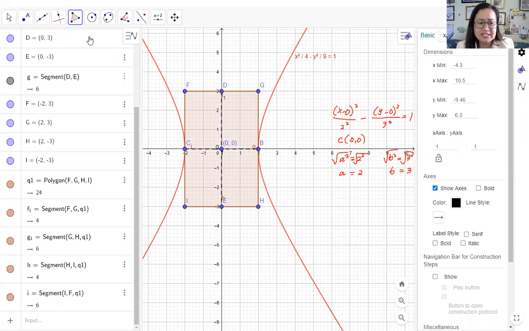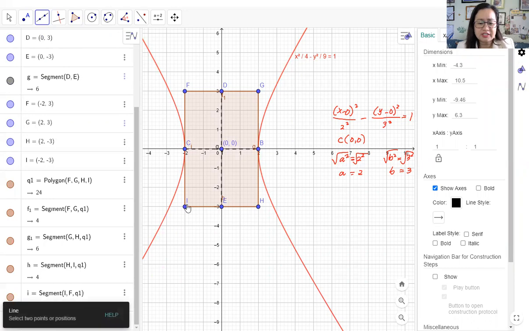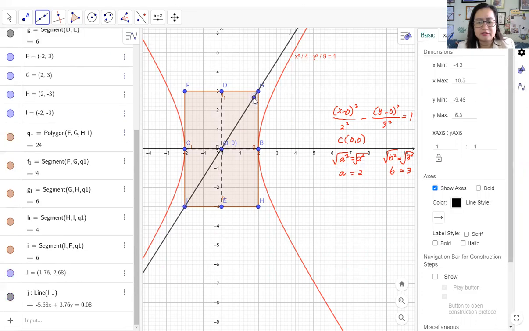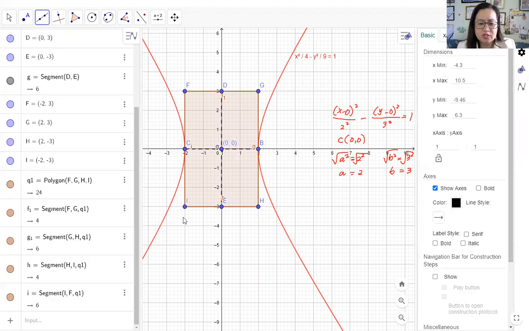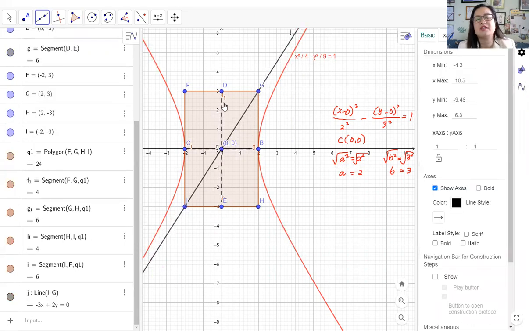Now to graph the asymptotes, we are going to click line, then connect the non-consecutive vertices of the auxiliary rectangle. So connecting the 2 vertices. That's it.